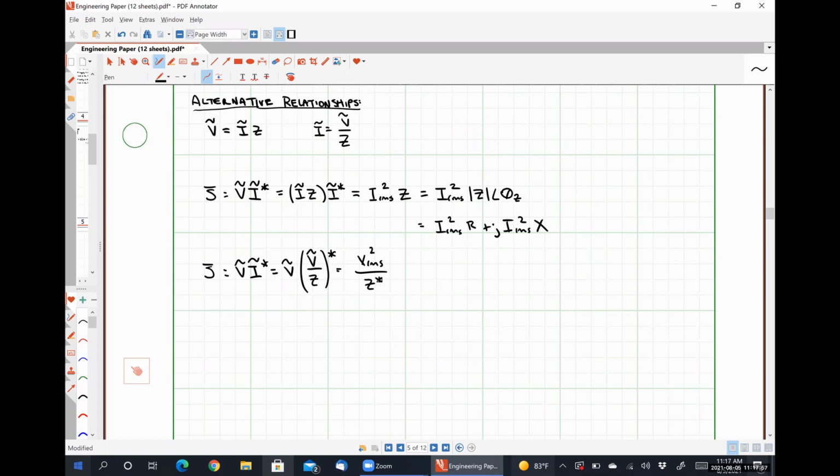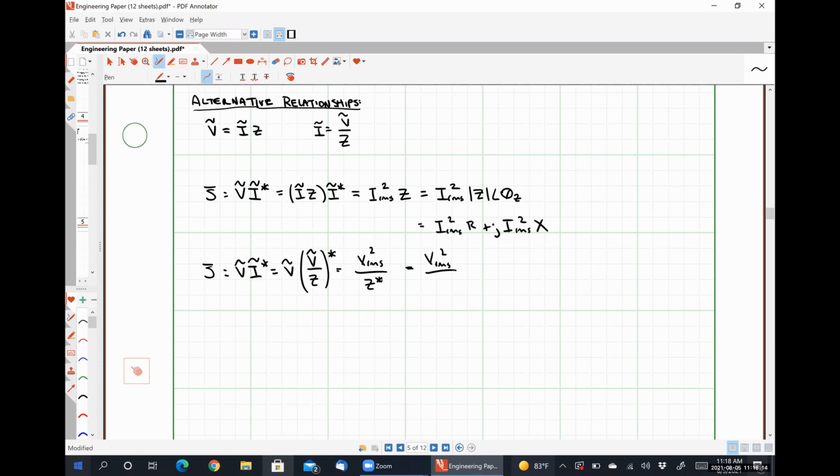Because when I take the conjugate of a fraction, it's the same as conjugating the numerator and the denominator.